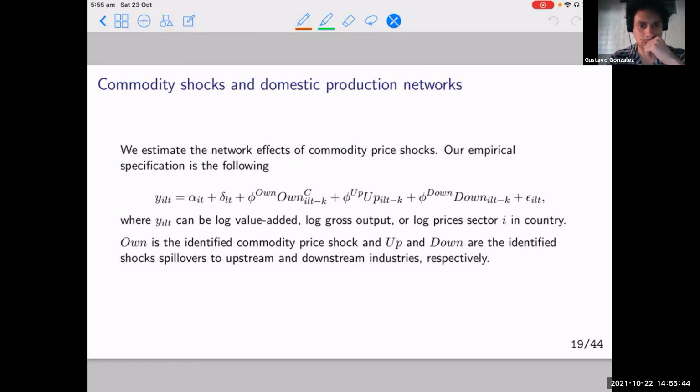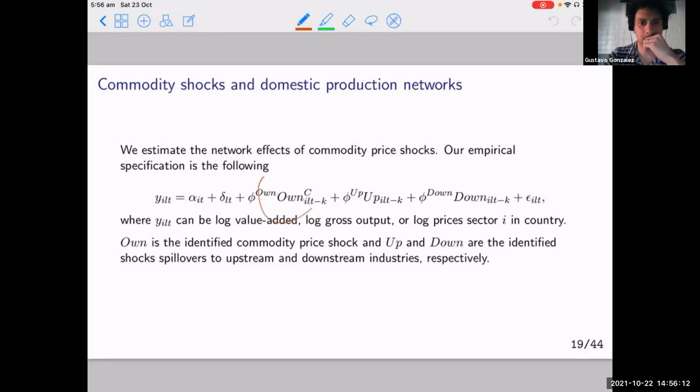In this regression, which is in log levels, we also have in differences in the appendix, and thanks to Gustavo's comments, we also control for lags of the dependent variable. Here Y, the dependent variable, could be log value added, gross output, or prices, against country-time controls, sectoral controls, and also the shocks.